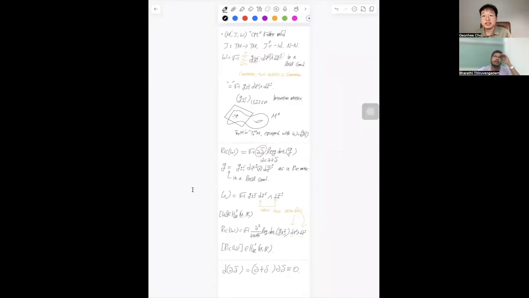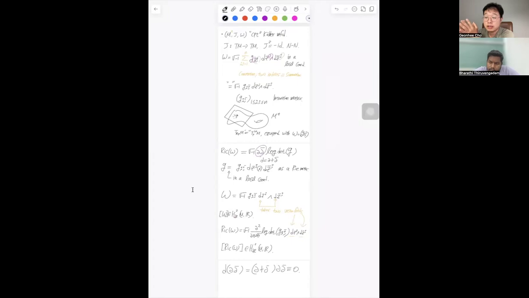Let me give you a hint. It's related to the de Rham cohomology definition. A little bit of inconsistency is that when we talk about de Rham cohomology, we look at the exterior derivative, usually d, but now we are looking at a complex manifold.